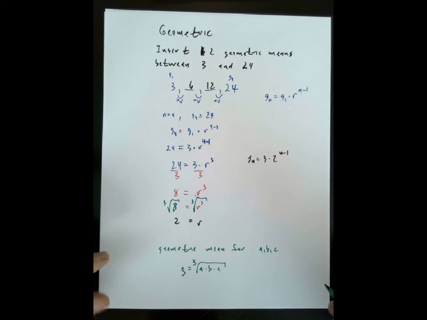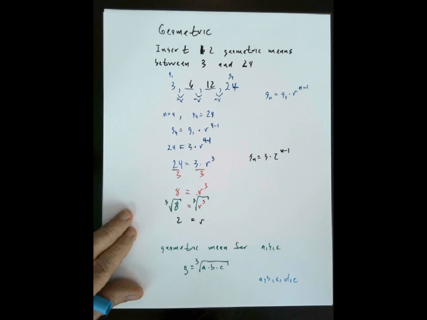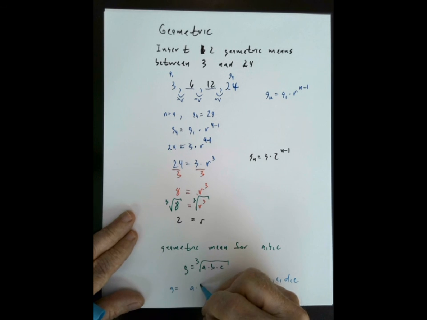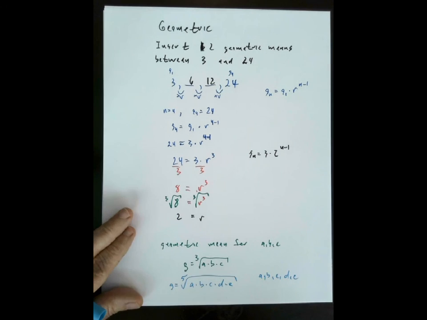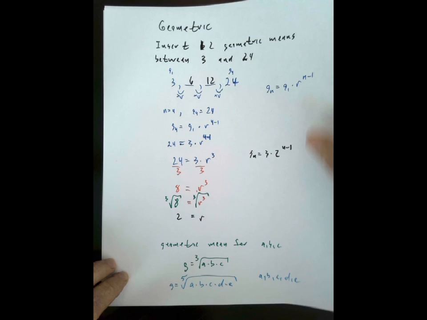So if we had 5 numbers, A, B, C, D, and E, then the geometric mean of those 5 numbers would be the fifth root of A times B times C times D times E. That's how that works. So it's kind of like the multiplying equivalent of finding a mean. And that kind of operation is called the geometric mean. Okay, very good. Now, let's try one or two more of these.